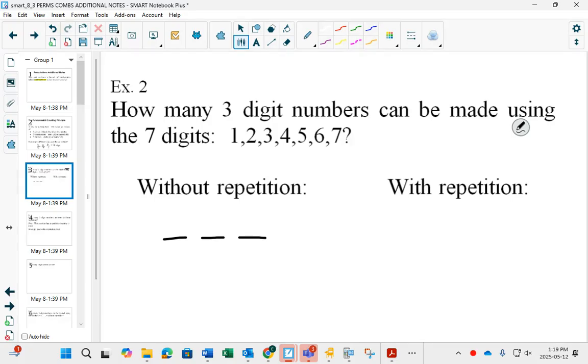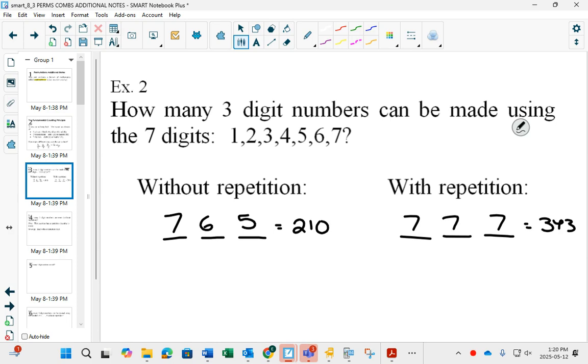If we're using 1 to 7, you would have 7 choices. Now, if you're not allowed to repeat a number, how many numbers are left? There would only be 6 numbers left, then 5 after that. Multiplying this together would give us 210. With repetition, still 3 decisions, but now it's 7, 7, and 7 for 343.